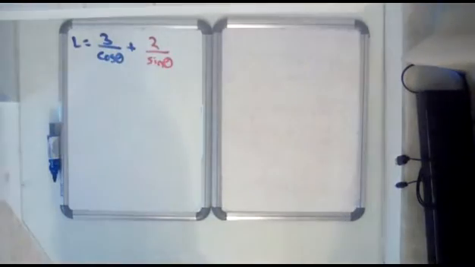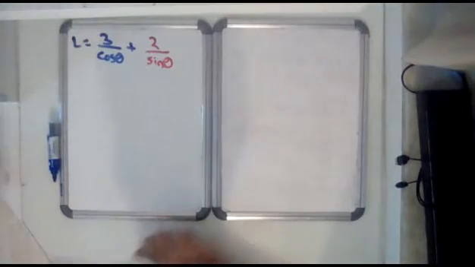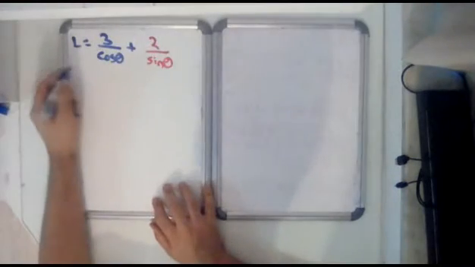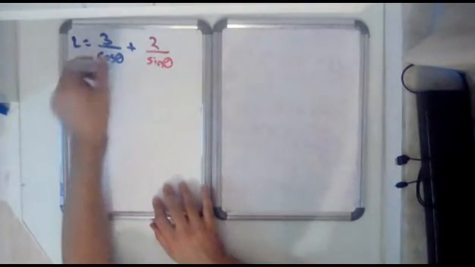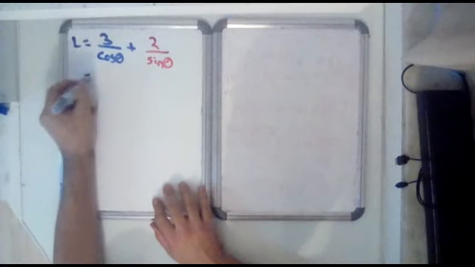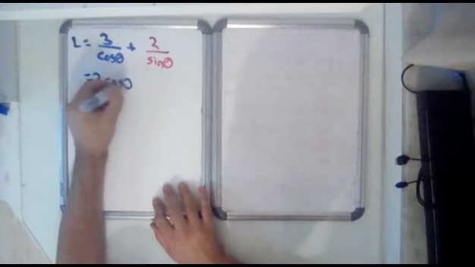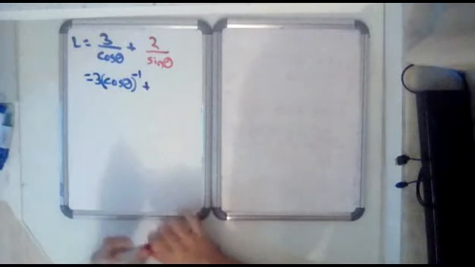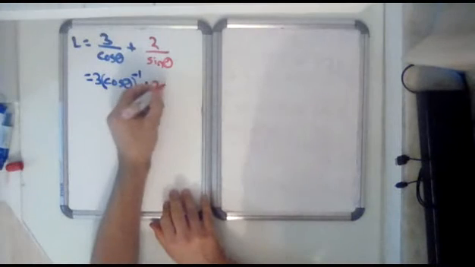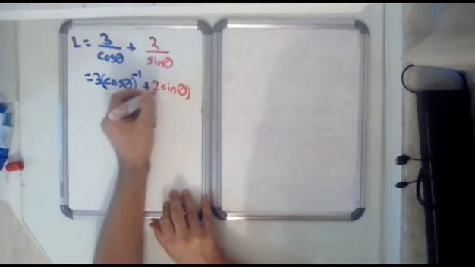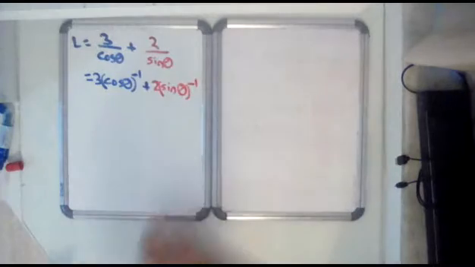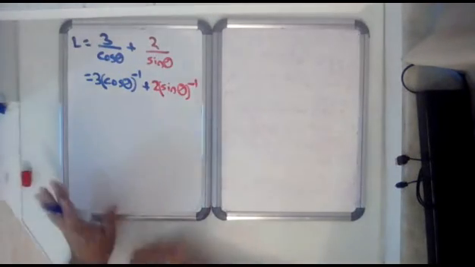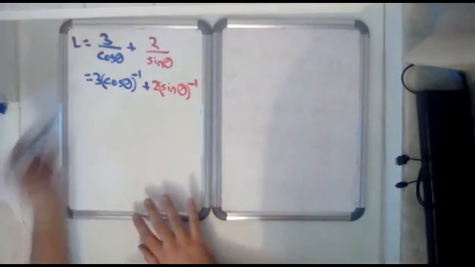I'm going to do them in different colours because I'm going to end up over here. So, we want to find an expression for dL by d theta. It would be a lot more use if these were in index form, so L equals 3 cos theta to the power minus 1 plus 2 sine theta to the power minus 1. Right, so we're interested in dL by d theta because we need to show when it equals 0.